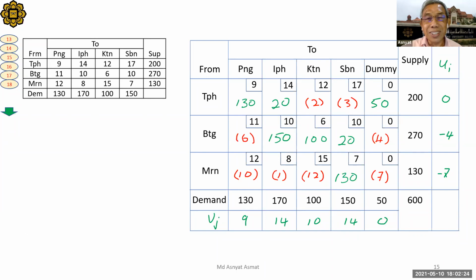This one took 3 iterations. The first one took 4 iterations. So you get the idea.